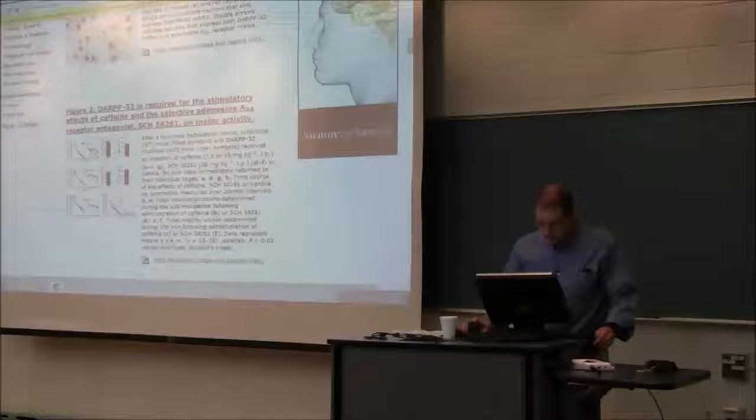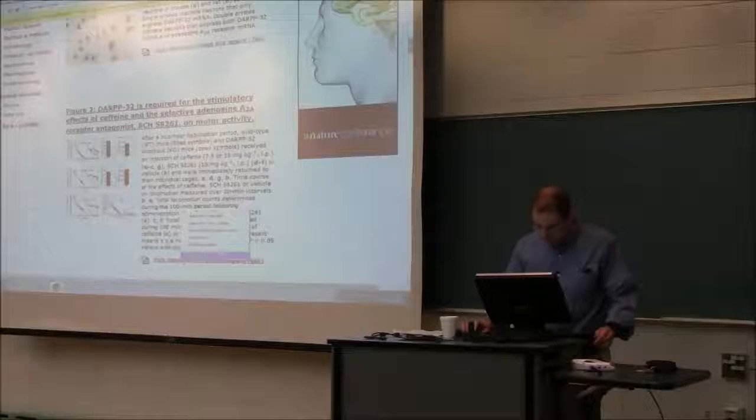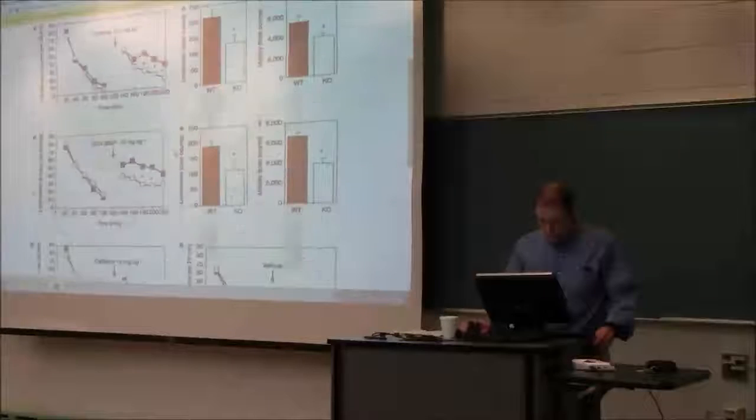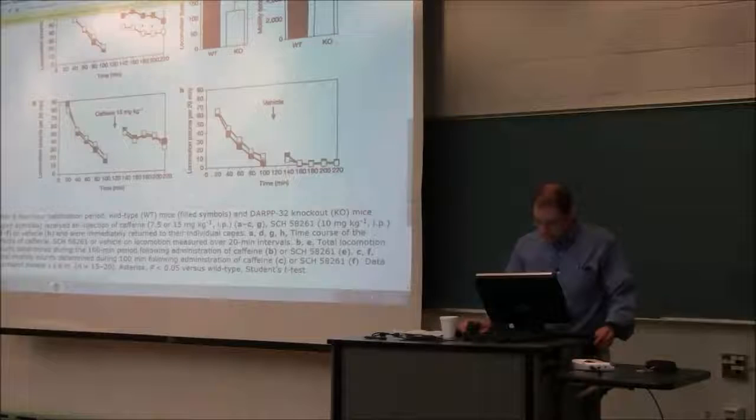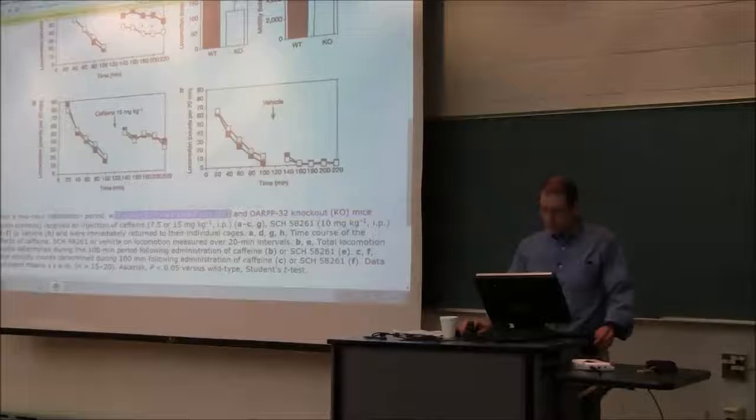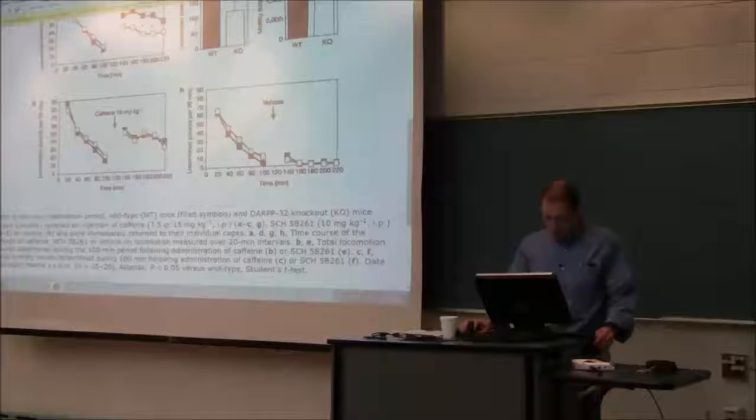So here is the high resolution figure and legend. In these figures, the regular mice, wild-type mice, are filled symbols, and the knockouts are open symbols. They don't go to the coffee house.